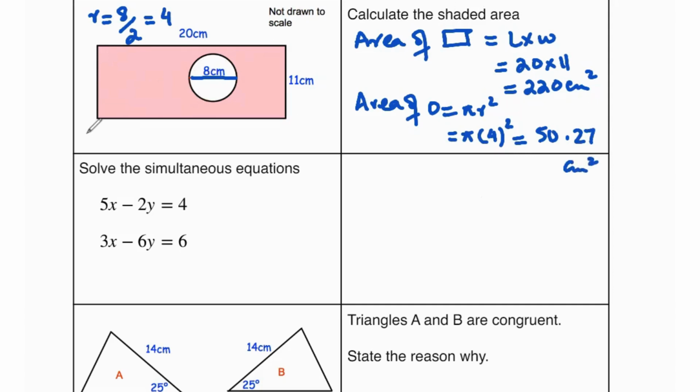So area of the shaded region would be the difference of the area of the rectangle and the circle. So 220 minus 50.27, and that's going to give us 169.73 centimeters square. That is your shaded area.